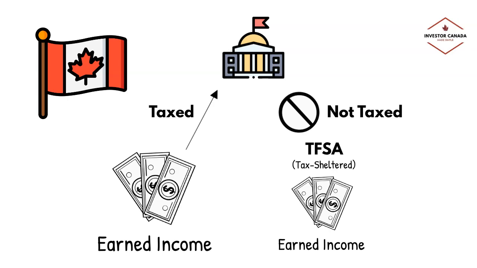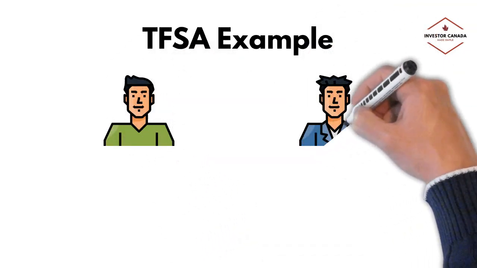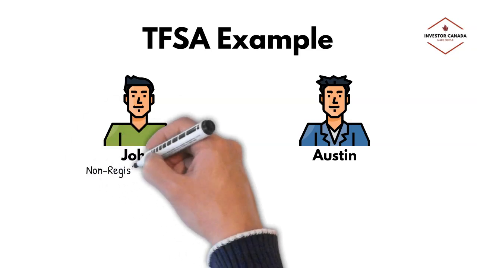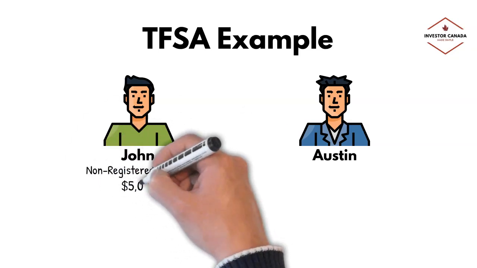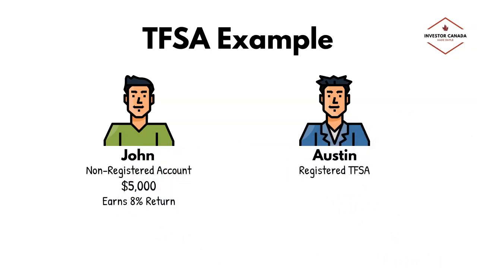To explain what a TFSA is further, let's use an example. Say we have two savers or investors, John and Austin. At the beginning of the year, John invests $5,000 that earns roughly 8% each year. Austin does the same, but within a TFSA.